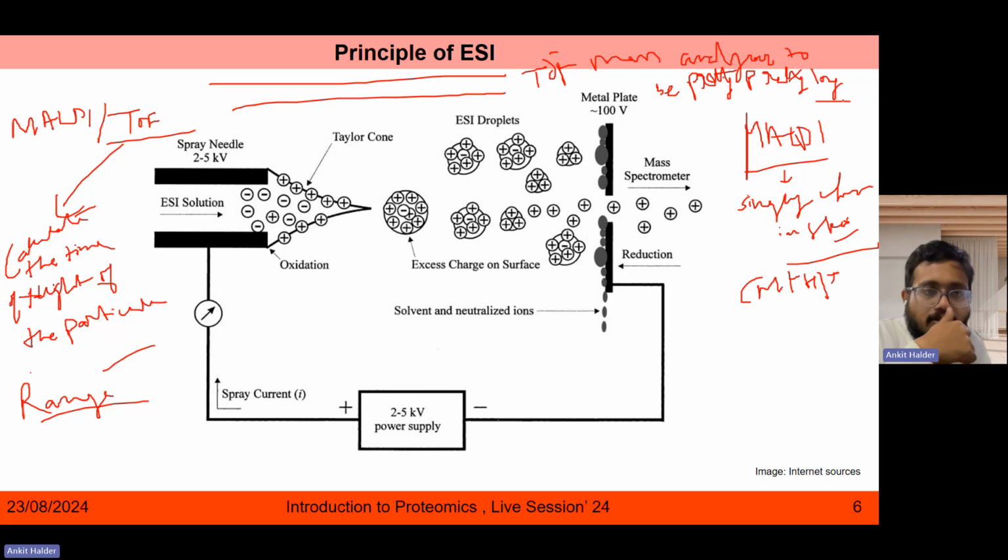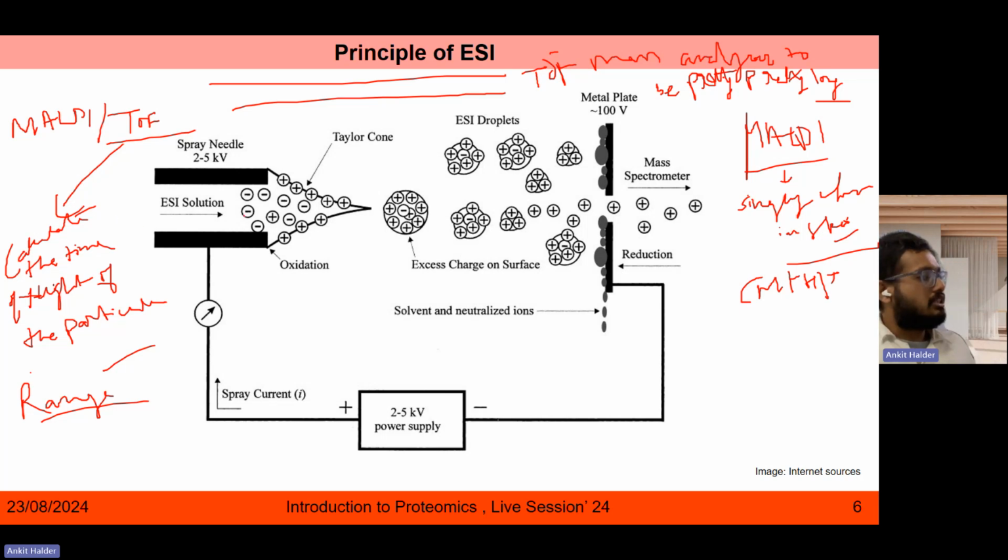So that's why MALDI has its limitation of singly charged ion species, and it cannot be used in a wide variety of proteomics applications just because of its limitation in creating ions. Okay, so now there comes the principle of ESI, which is the electrospray ionization.